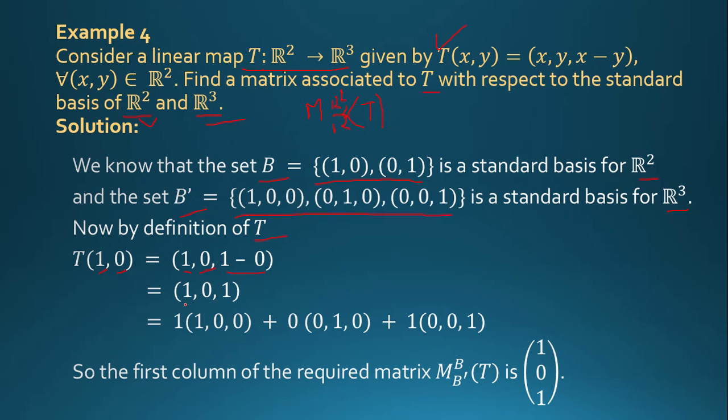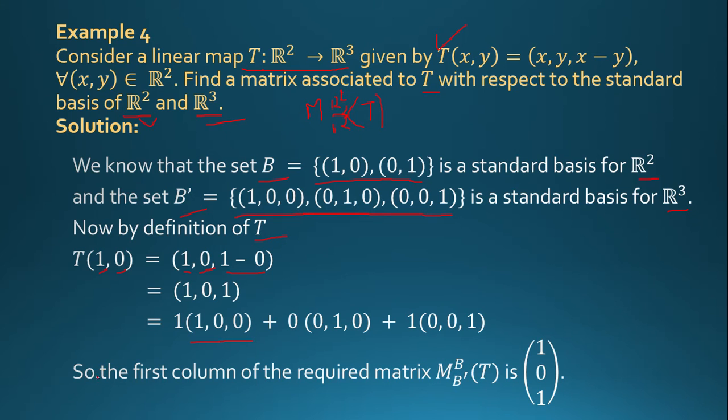So we can write the first component as 1 into (1, 0, 0), the second component 0 into (0, 1, 0), plus 1 into (0, 0, 1).